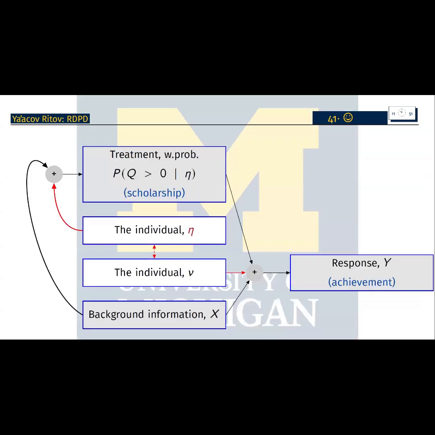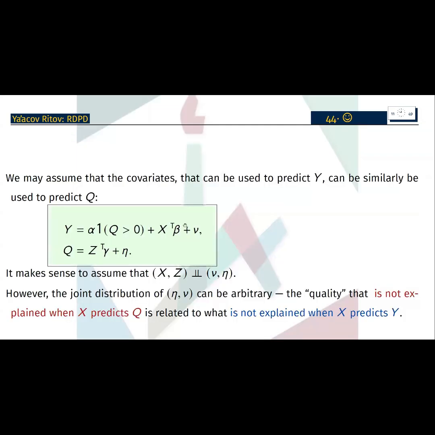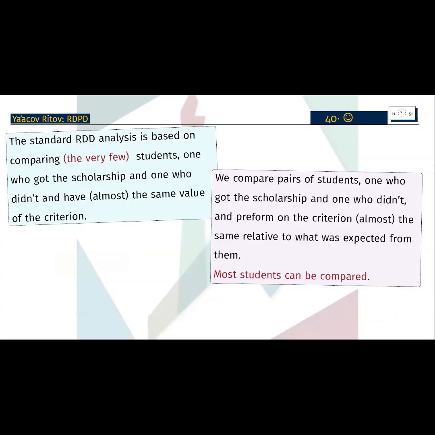So basically, students with similar value of eta here. And now most students can be compared.